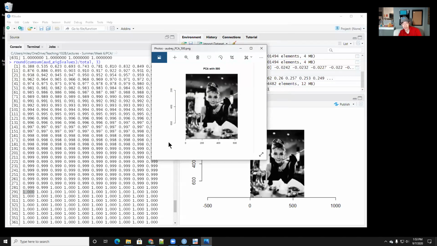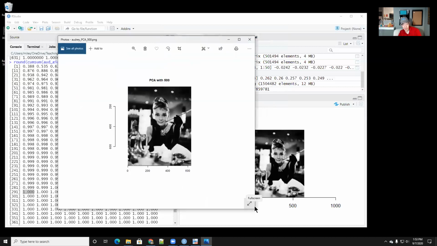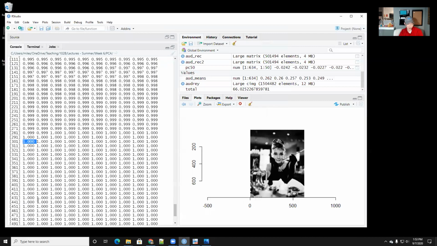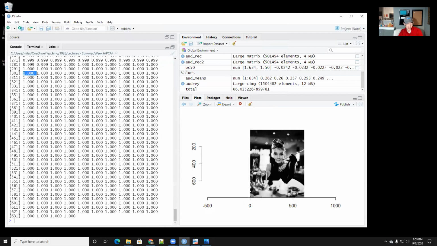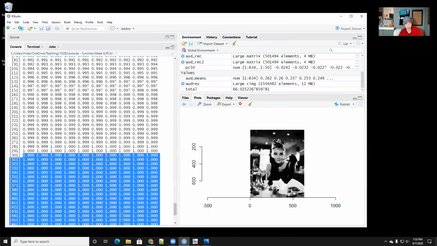So if you can tell the difference between, say, 300, 400, and 500 principal components, that's the difference we're talking about in terms of the image that gets reconstructed by keeping more principal components. According to R, these are all the same when you round off to 3 decimal places.